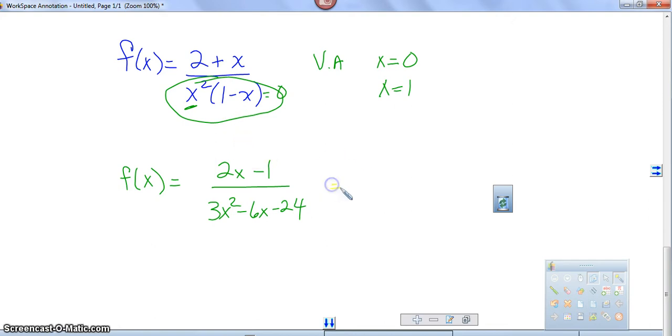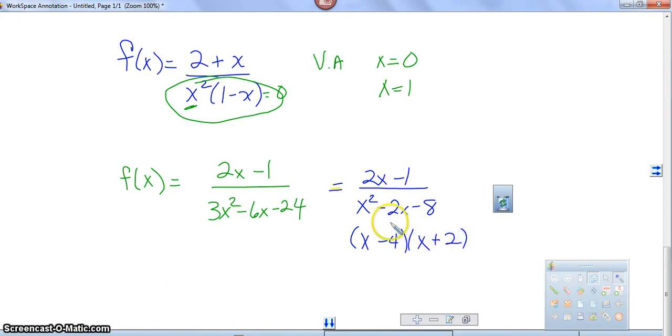Well, first of all, looking at that after I wrote it, I would change this to 2x minus 1 over x squared minus 2x minus 8 and go from there. And if I factor that, I get x minus 4 and x plus 2. Does anything cancel? Nothing cancels, so then my vertical asymptotes would be at x equals 4 and x equals negative 2.